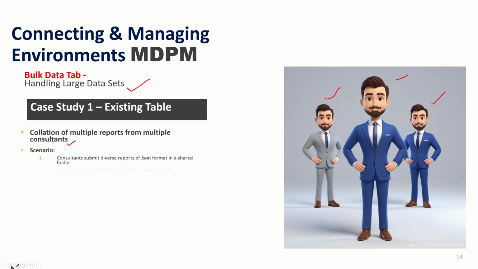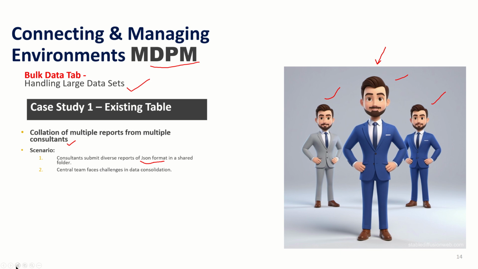So the challenge here is using Microsoft Dynamics, it's quite difficult to handle reports, and most times it comes in JSON format. Today's video is going to show you how our new MDPM application can effortlessly handle these multiple reports coming from multiple regions or locations, and you ingest, which means to insert, it into Microsoft Dynamics 365 application.